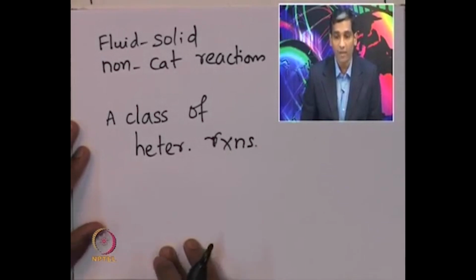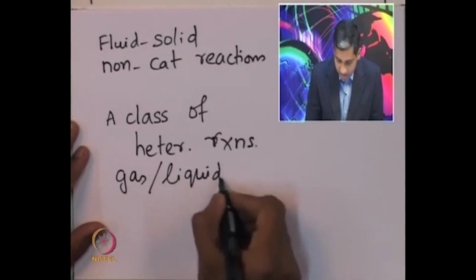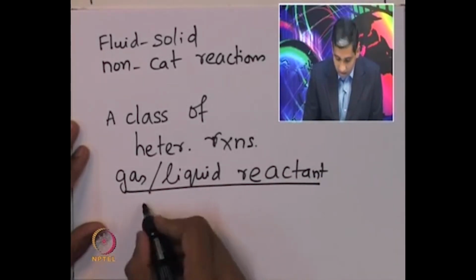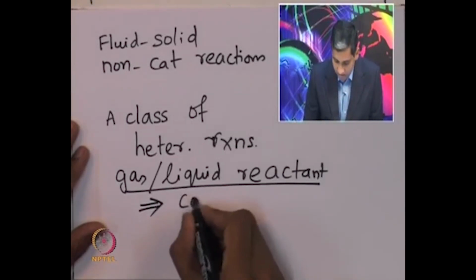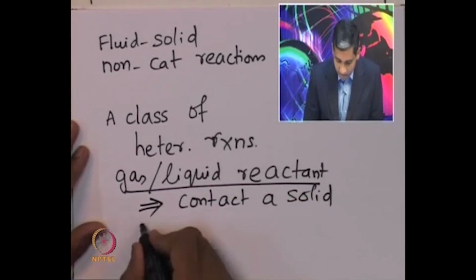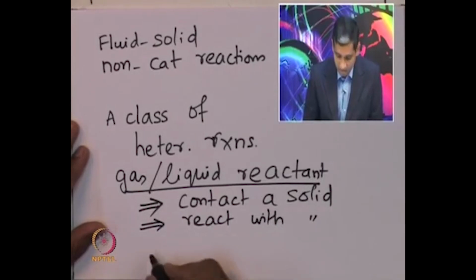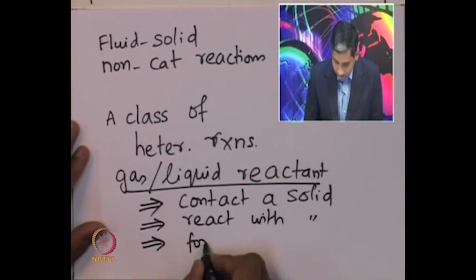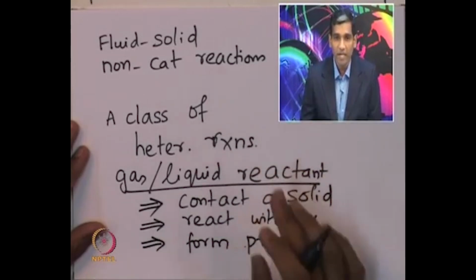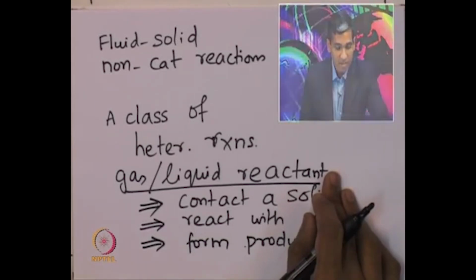These are a class of heterogeneous reactions where the gas or a liquid reactant contacts the solid, reacts with the solid, and forms products. This is very common in many industrial settings, and we are going to see several examples of these today and also look at how to model these systems.